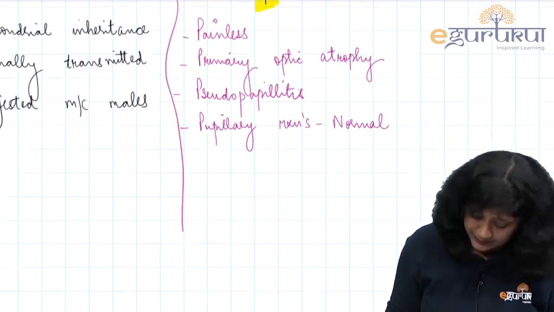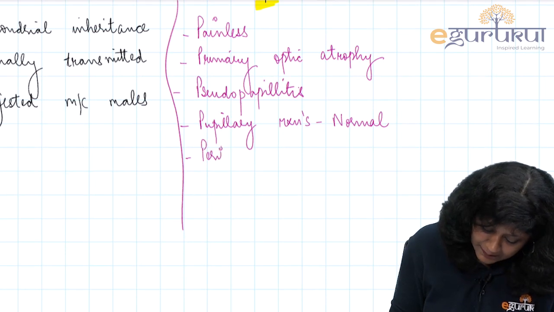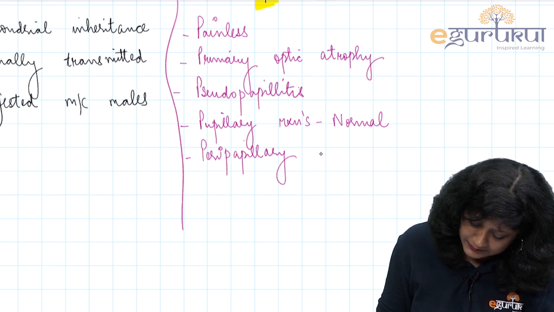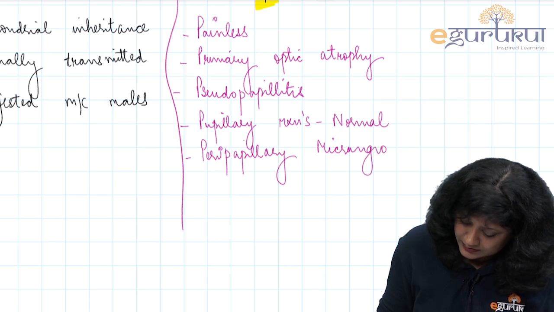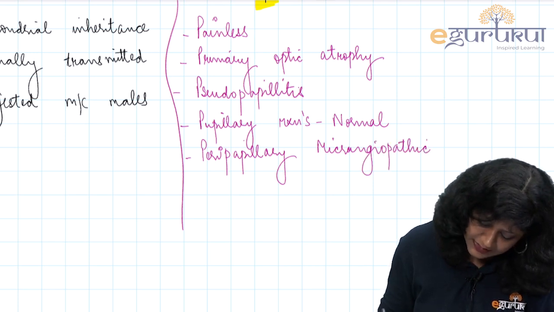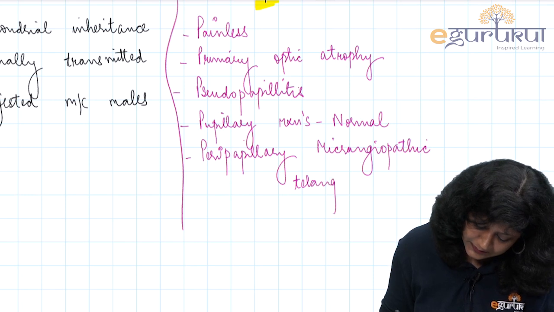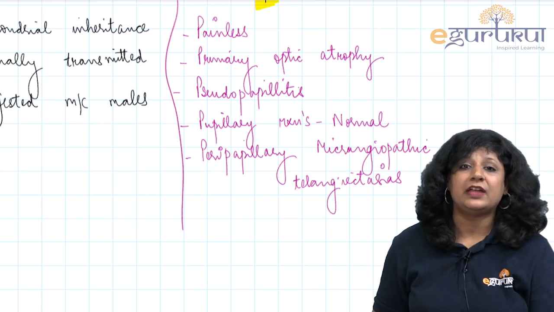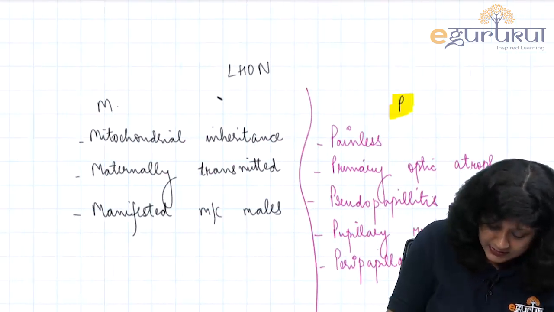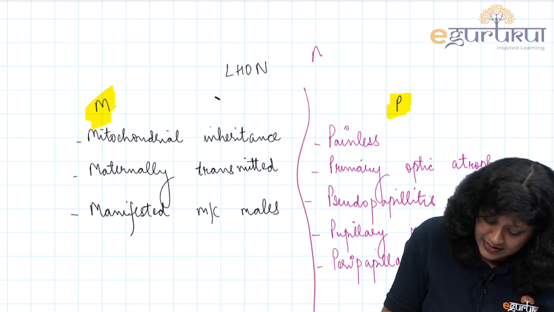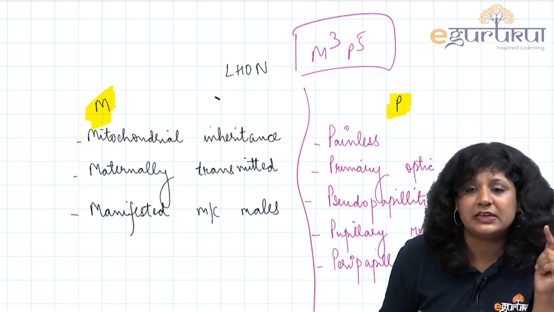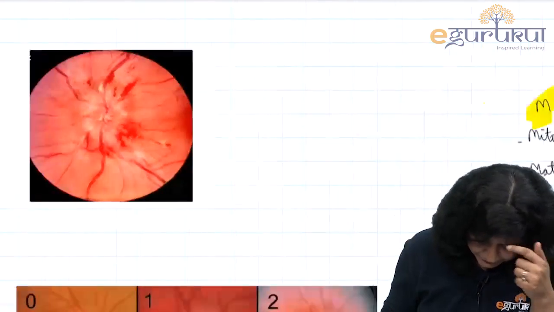And we get the peripapillary microangiopathic telangiectasias. So all these are important. Remember it as M3P5, and you will be able to learn all the important features of the Leber's hereditary optic neuritis.